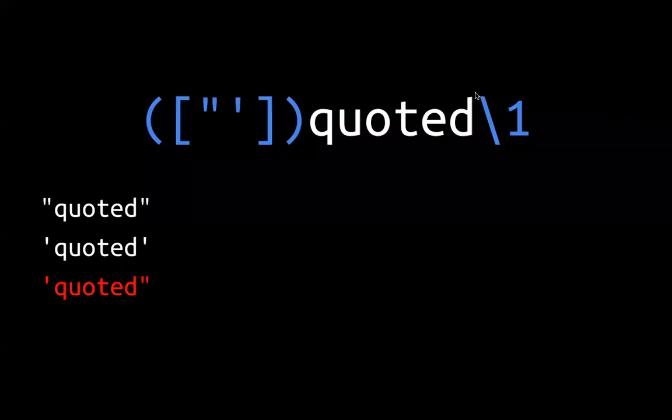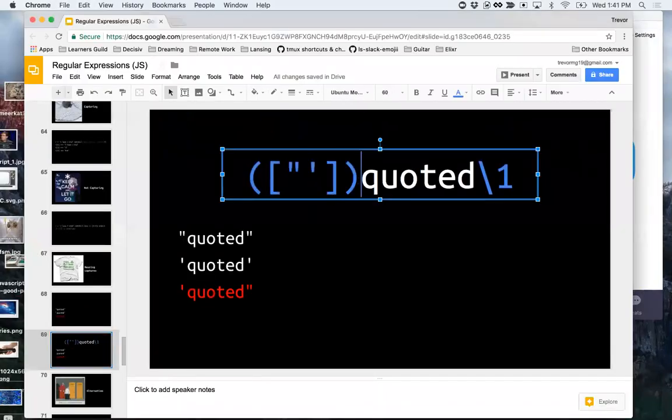But then to match the closing quote, what we can do is use a \1, which references the first capture in the regular expression and says whatever was matched in the first capture of the regular expression, we also need to see here for this to match. So now that I say that out loud, I feel like that's a little confusing. So let me back up a little bit.